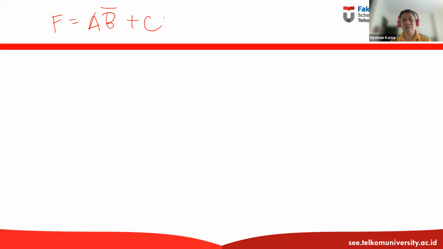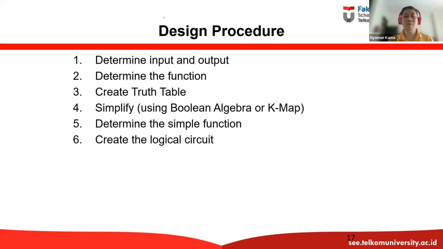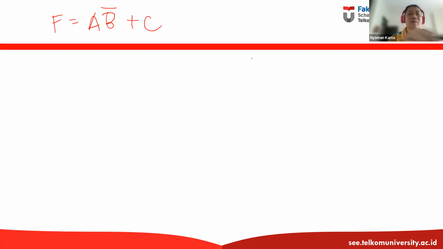What is the circuit that will implement a function of A B naught plus C? Remember, the first step is to determine input and output. What is the input? A, B, and C.